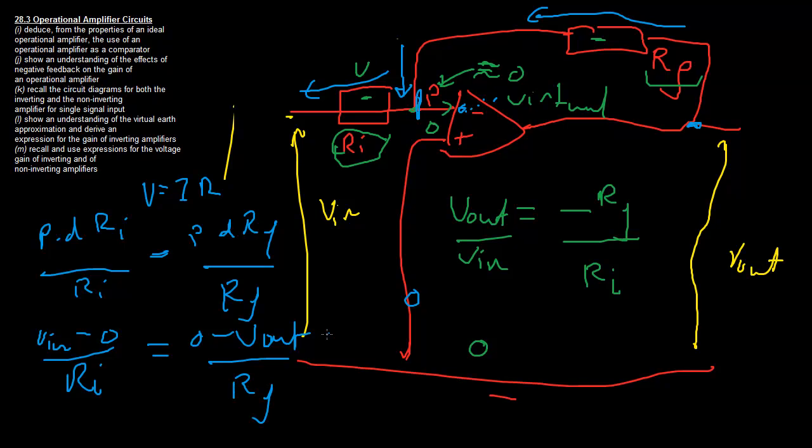And all we have to do is rearrange it, and we get to here. It's easy to see why the negatives come in, because the difference between this point and this point is positive, whereas the difference between this point and this point is negative.